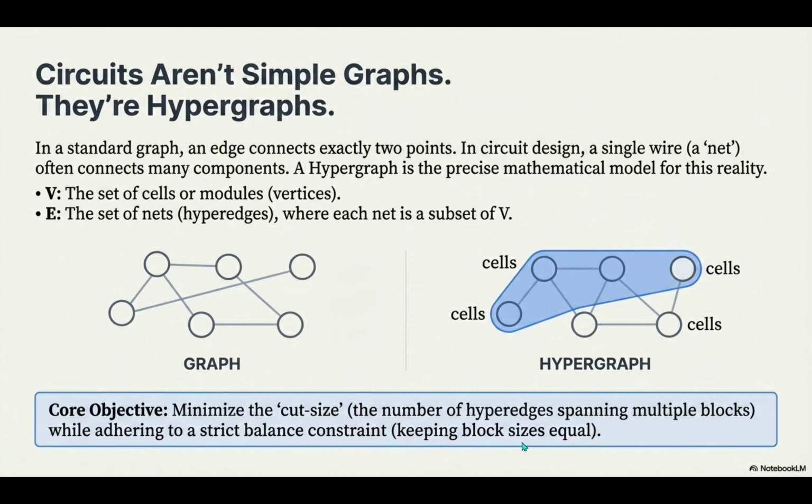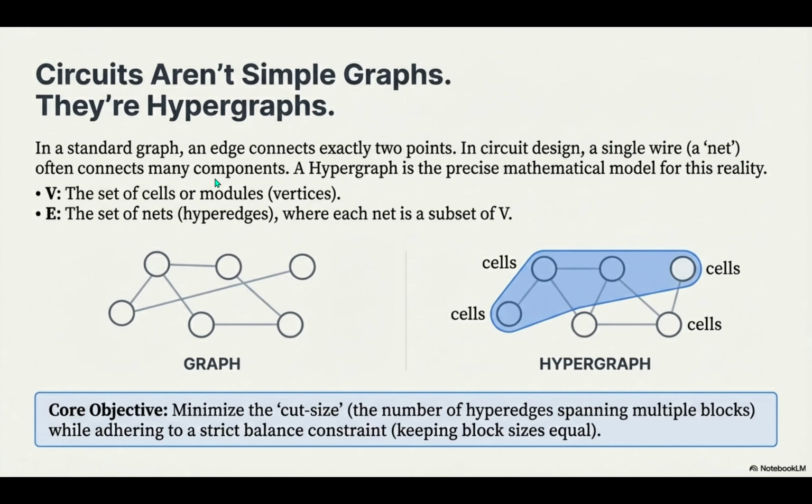So before we dive into how they do that, we have to talk about the model. Why a hypergraph? Most people have heard of a graph, nodes and edges like a social network. What's different here? A standard graph is too simple for this. It assumes a connection, an edge, only links 2 points, 2 nodes, A to B. Right. But in a real circuit, a single wire, we call it a net, doesn't just connect two things.